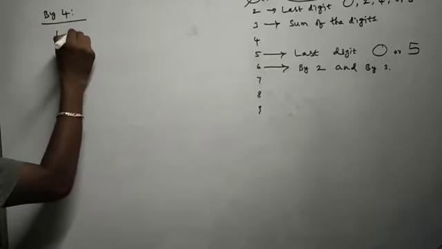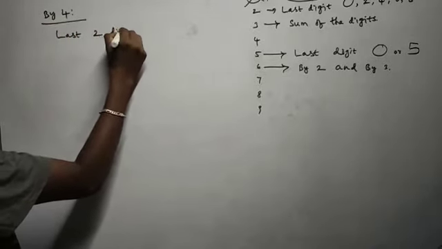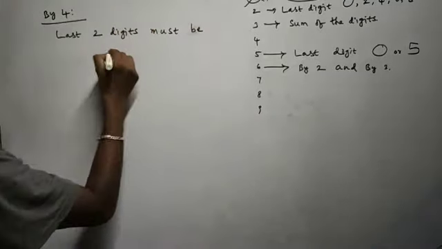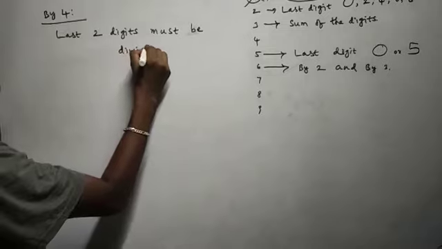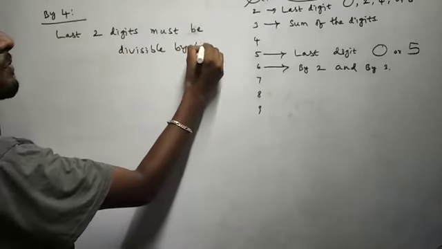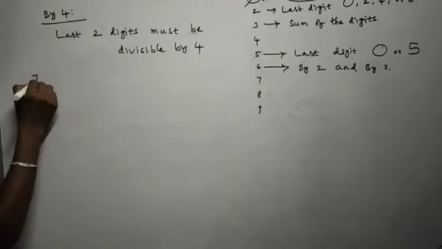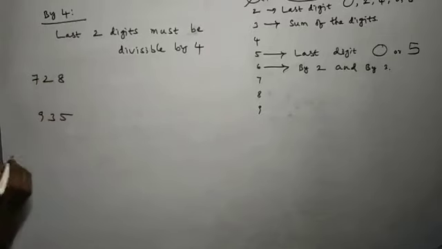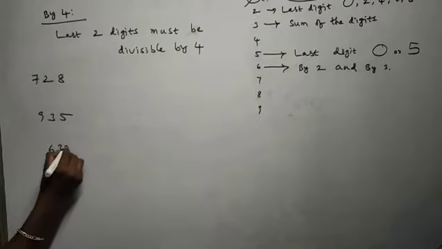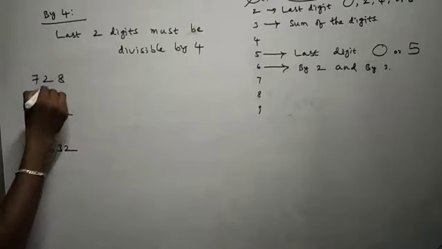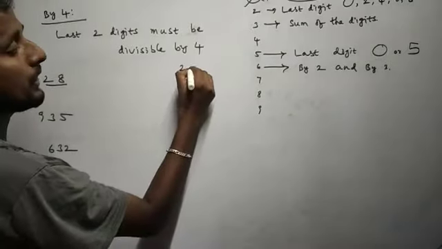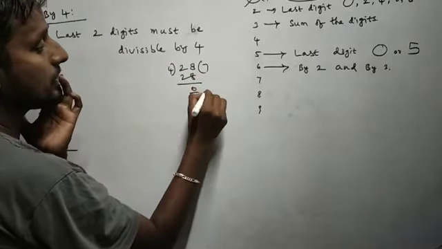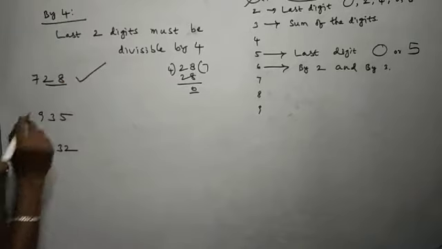For example, 728, 935, 632. Let's check 28. In the 4 table, 4 sevens are 28. Yes, divisible. So 728 is also divisible.